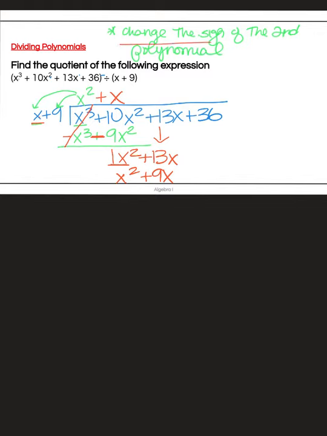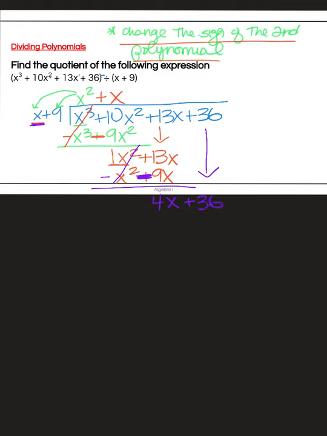I change the signs of the second polynomial, so x squared minus x squared is 0, and 13x minus 9x is 4x. Then I bring down the positive 36.